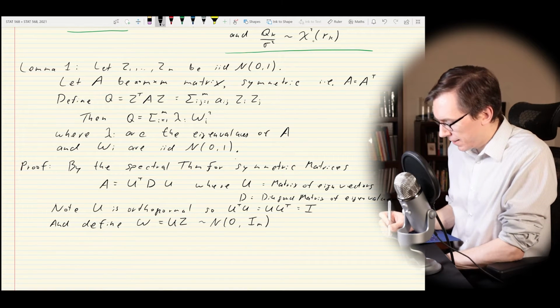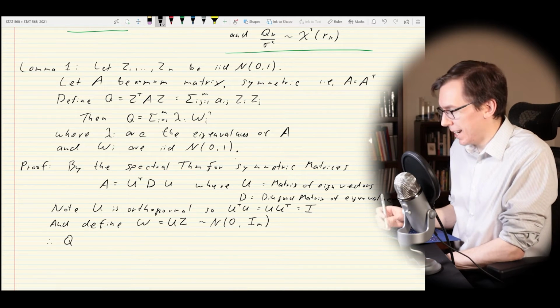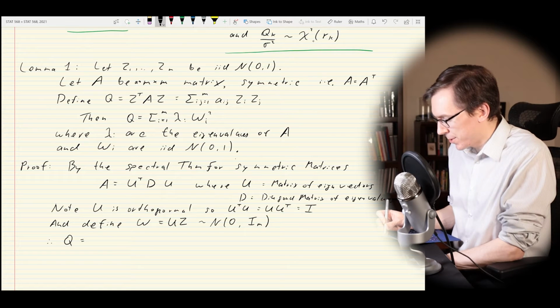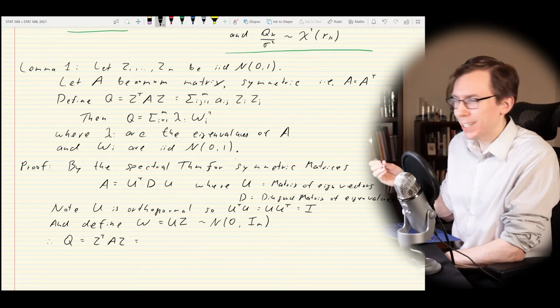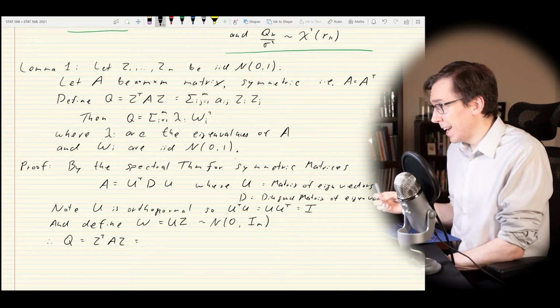And then we conclude by saying that Q is equal to Z transpose A Z, the way we wrote it originally. And what do we get?